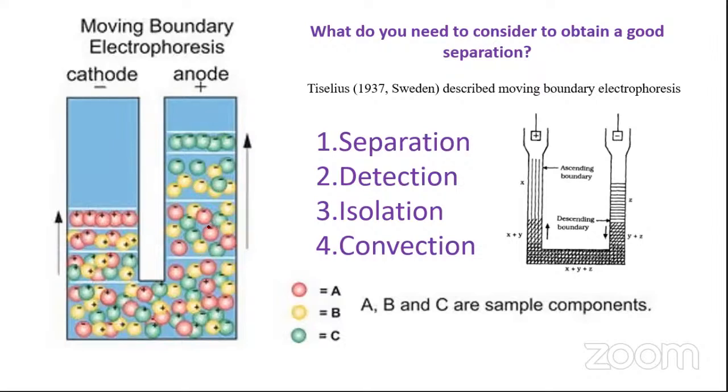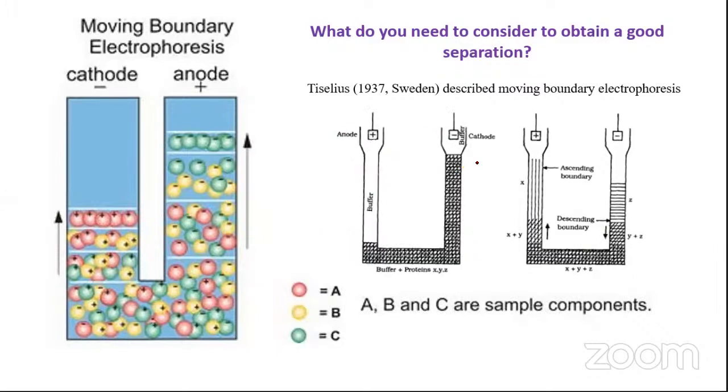In moving boundary electrophoresis, a greater friction is there because when you start the process, the sample molecules are all mixed up together, right? It is like this, the situation. And when you carry out electrophoresis, the sample molecules are moving, maybe in opposite directions to each other, right?